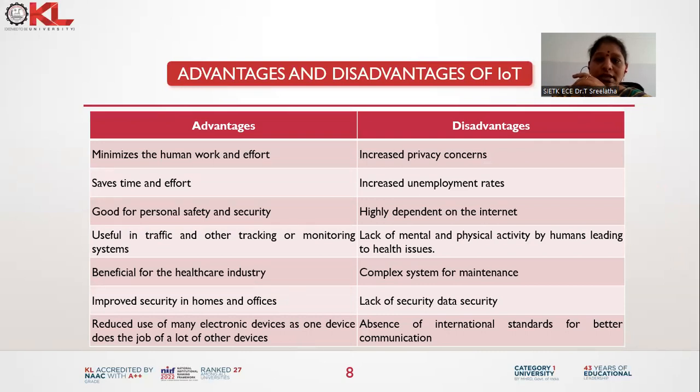So there are some advantages as well as disadvantages of IoT. Coming to the advantages, it minimizes human work and effort. Obviously I can say yes for this particular point. Why?